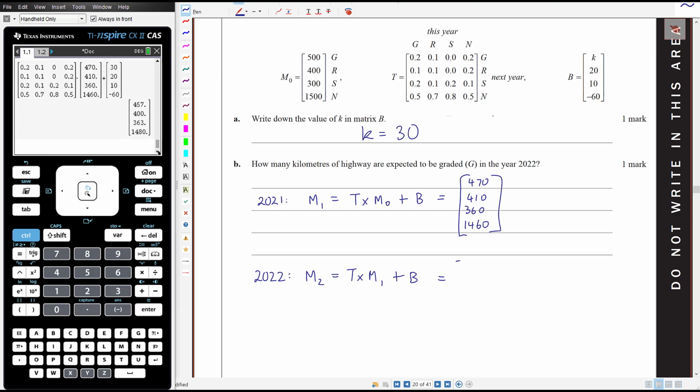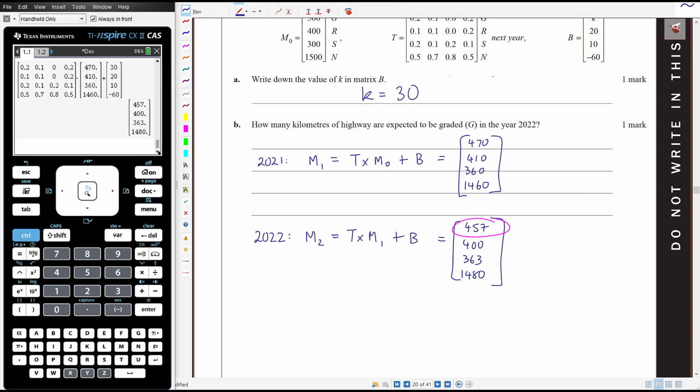Okay, and we've got 457, 400, 363, and 1480. And we want the number of kilometres that should be graded. Graded is the top row. So therefore 457 kilometres to be graded in 2022.